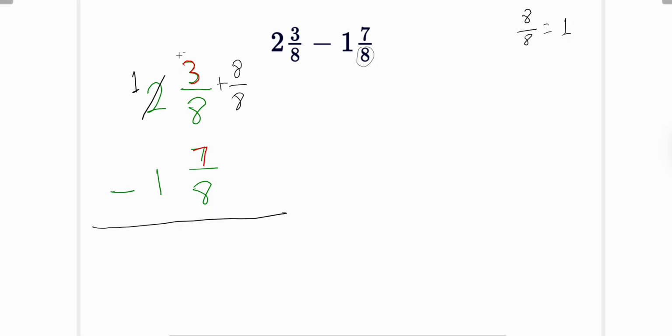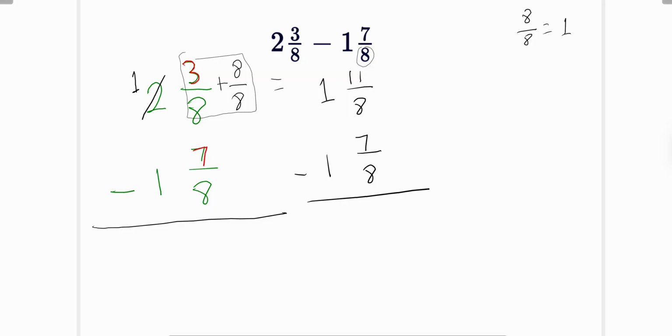So now I'm going to be adding this part, and I'm going to be keeping that whole. So my new equivalent mixed number is going to be 1 and 11/8. And I'm still taking away 1 and 7/8. So now I can do my subtraction.